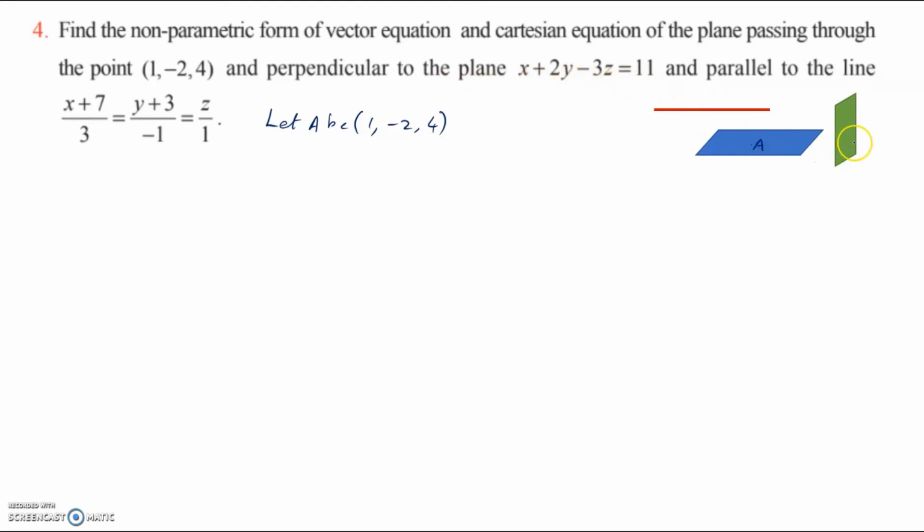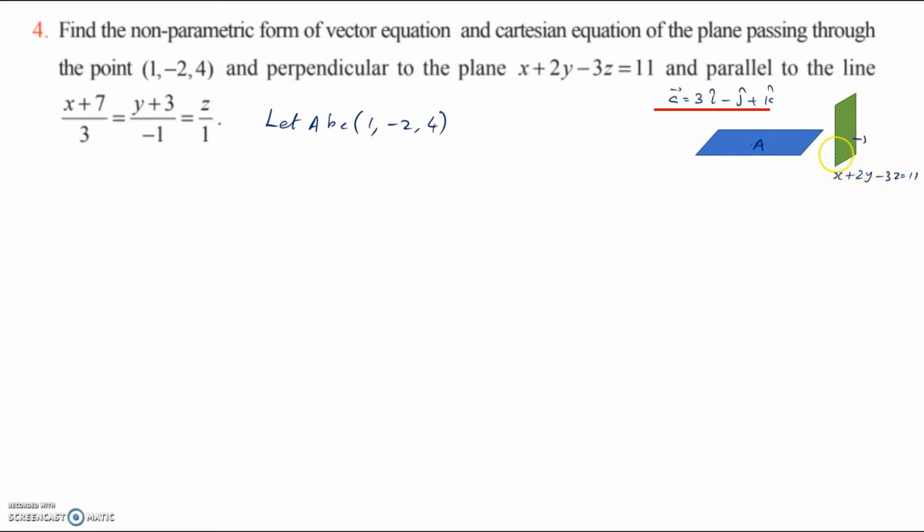So this is this plane, which is x plus 2y minus 3z is equal to 11. Then it's parallel to the line given by this. So our direction ratios of this line will be 3, minus 1 and 1. So we can define a vector C as 3i cap minus j cap plus k cap. So this is parallel to our plane.